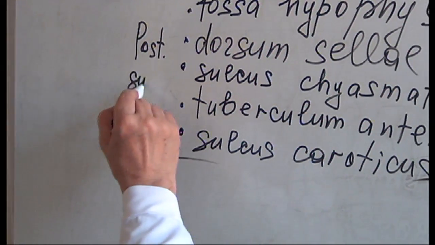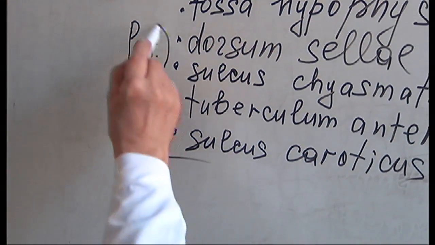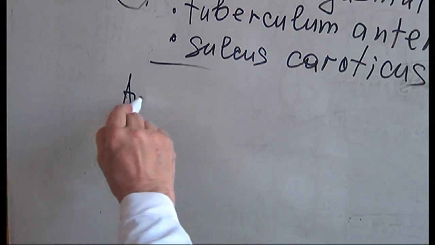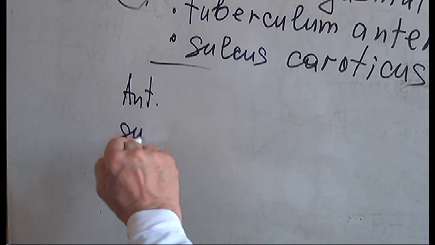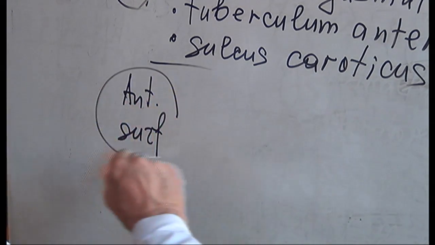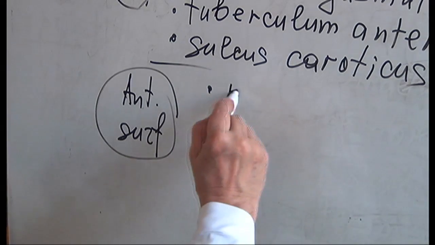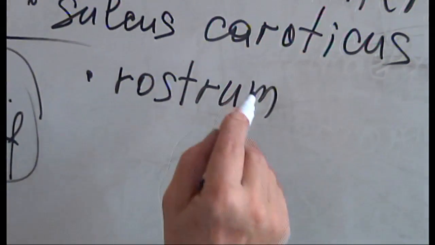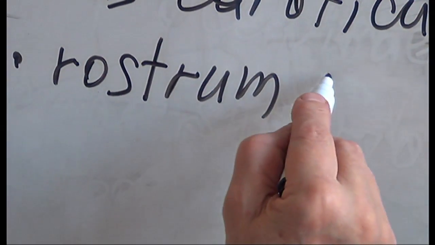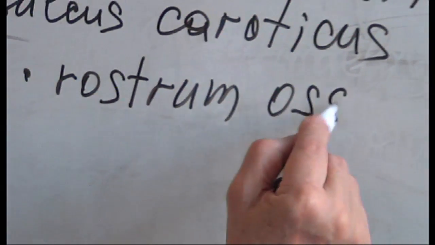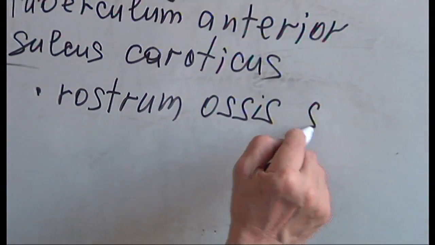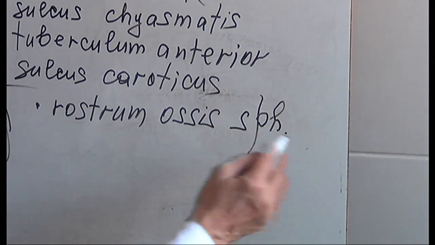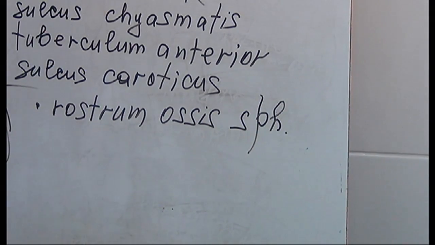Posterior surface here, anterior surface. Rostrum ossis sphenoidalis, which can be abbreviated.